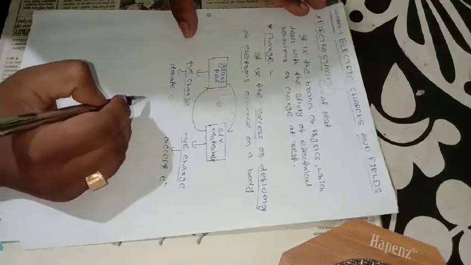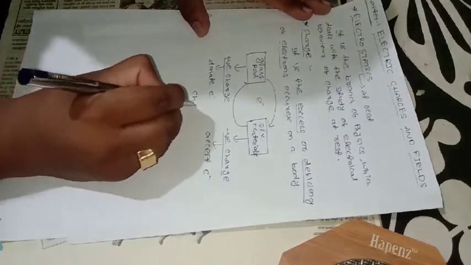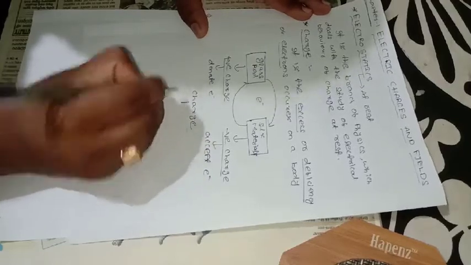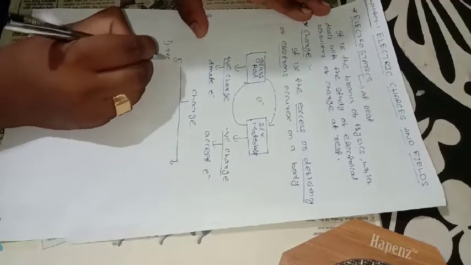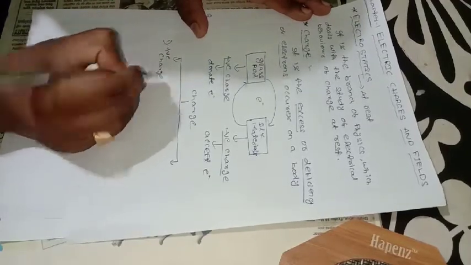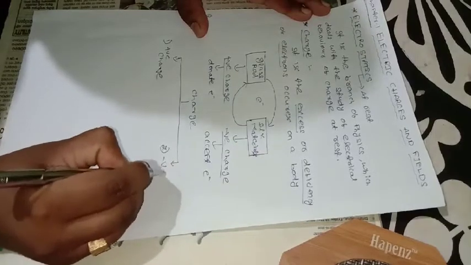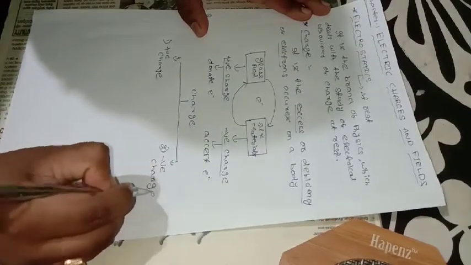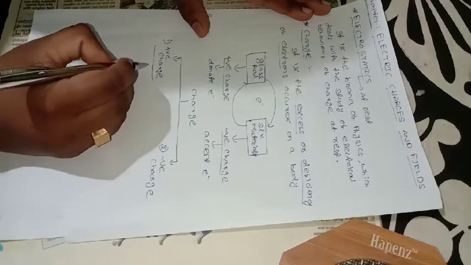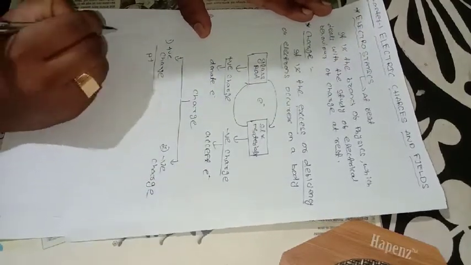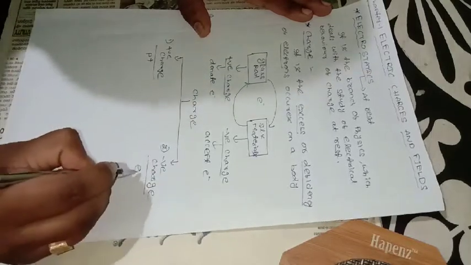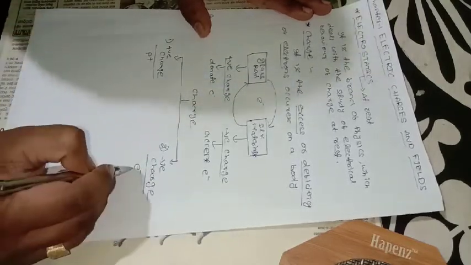So I can define that charges are of two types. One is positive charge, another is negative charge. Positive charge means proton, which is p plus. Negative charge means electron. You know that proton has positive charge and electron has negative charge.